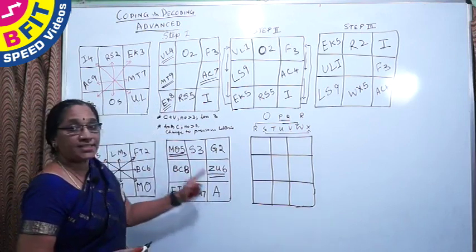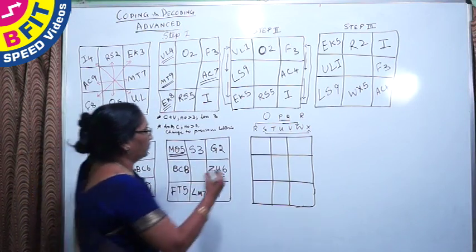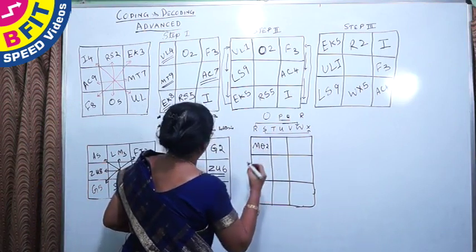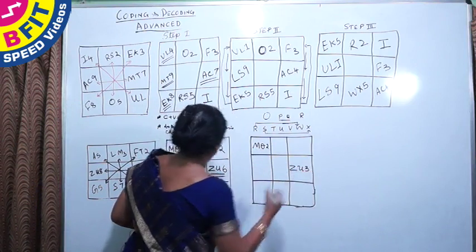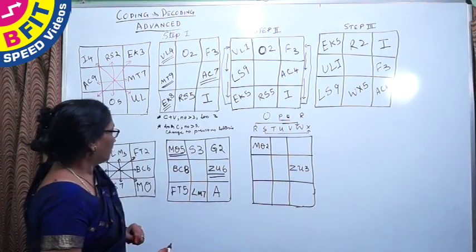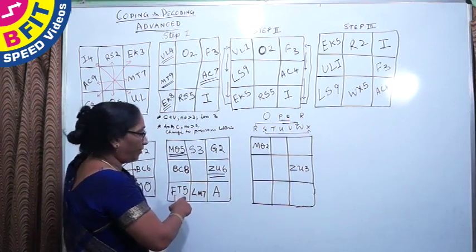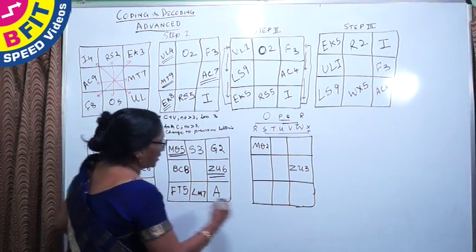These two contain vowels and the numbers are greater than 3. Then FT5, here the number is not greater than 5, so FT5 will not change even though both are consonants.